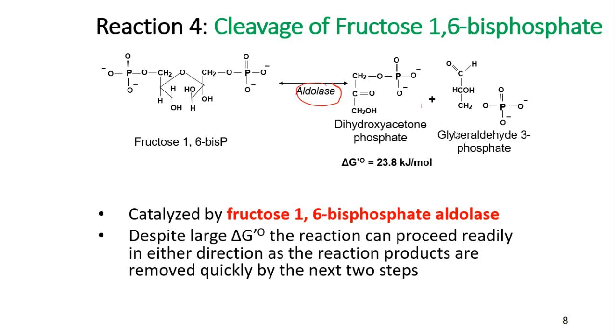So in the next step, there will just be an exchange whereby dihydroxyacetone phosphate is converted to glyceraldehyde 3 phosphate, or glyceraldehyde 3 phosphate is taken back to dihydroxyacetone phosphate.